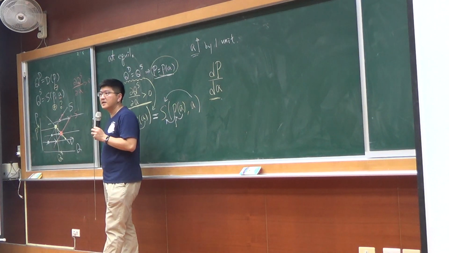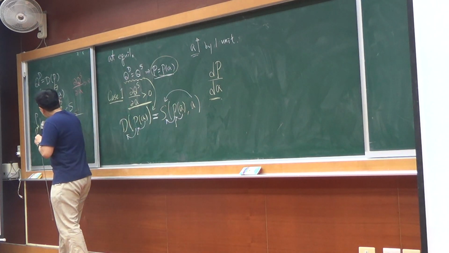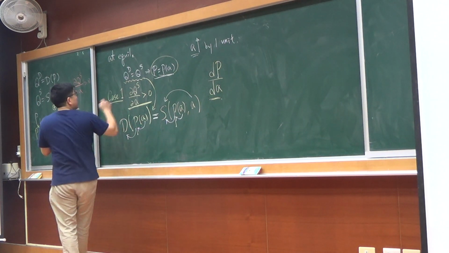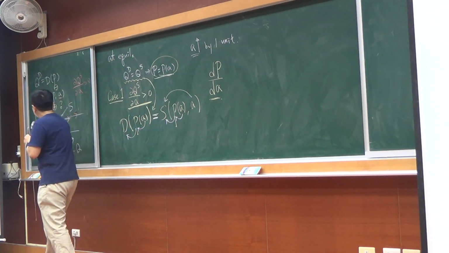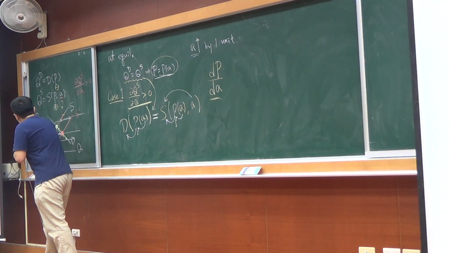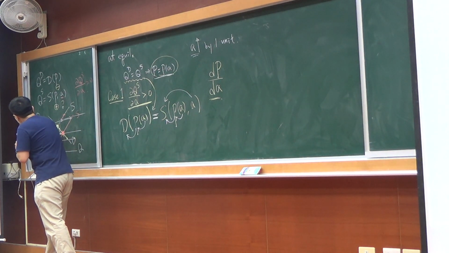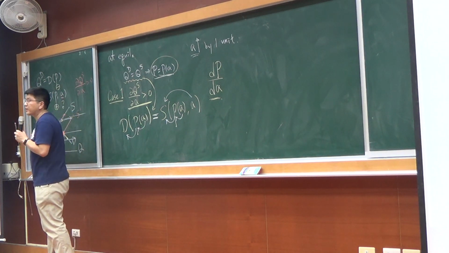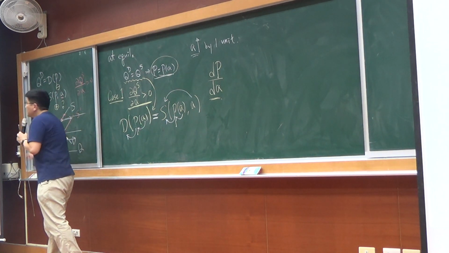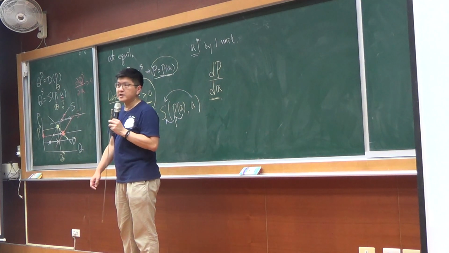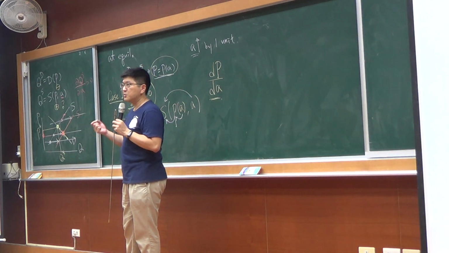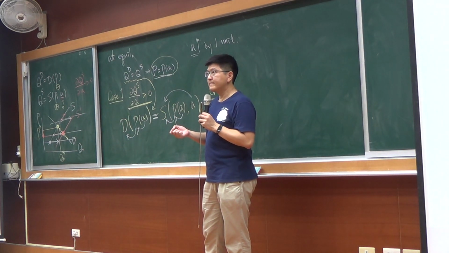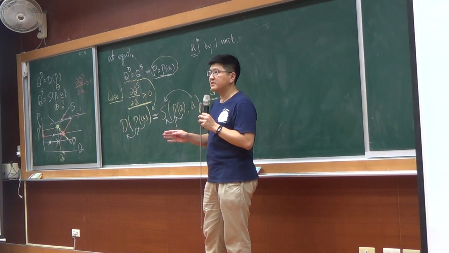So we would like to know, before and after the change in A, the size and the direction of the change in P star. That is what we want to know. Okay? Is everyone happy so far?